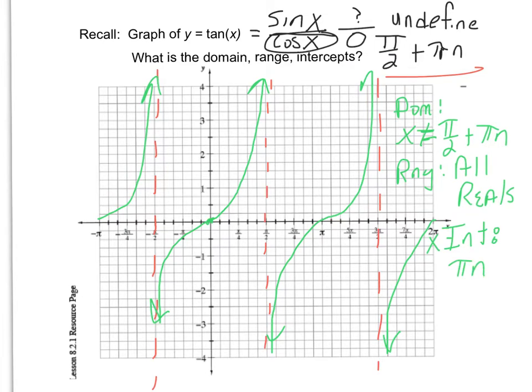So really what we have here is your x-intercepts for tangent are also x-intercepts for sine, and our domain restriction, where it's undefined, happens to also be the x-intercepts for the cosine.